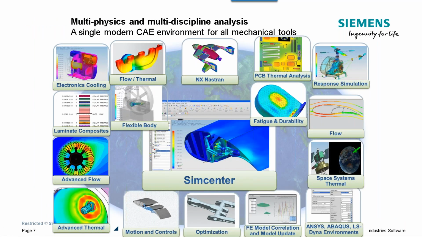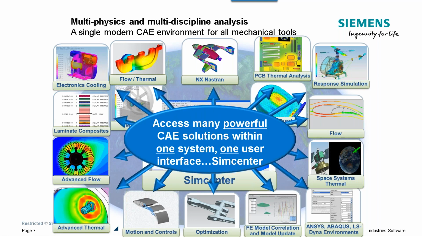Within a single environment, you have access to a broad range of CAE tools and solvers. Today we'll be focusing on some of our thermal analysis capabilities, starting with PCB thermal analysis. All of these tools are accessible from a single user interface. So with that, I'm going to turn it over to Yannick Sigmund.